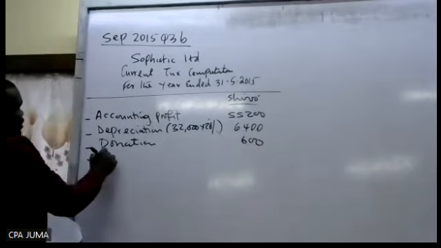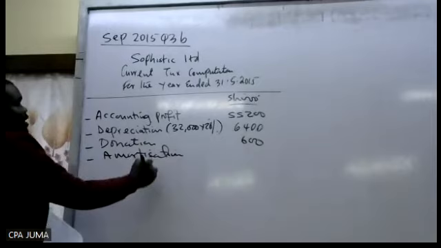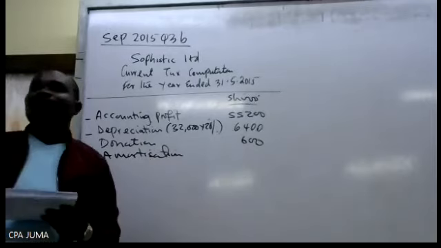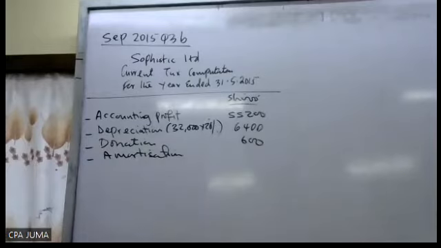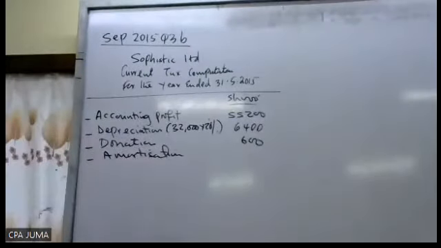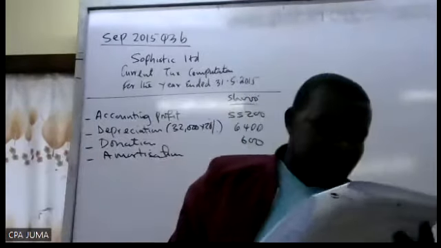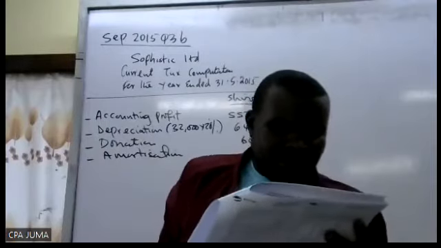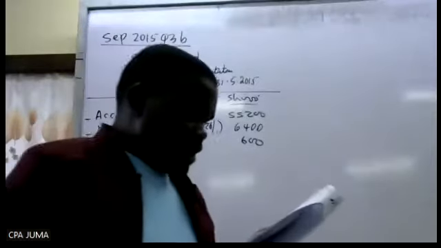Amortization. Check where it was mentioned. Okay, note 4. Software development commenced in 2011 and was completed in the subsequent year. The company capitalized. Capitalization means you recognize it as an asset.